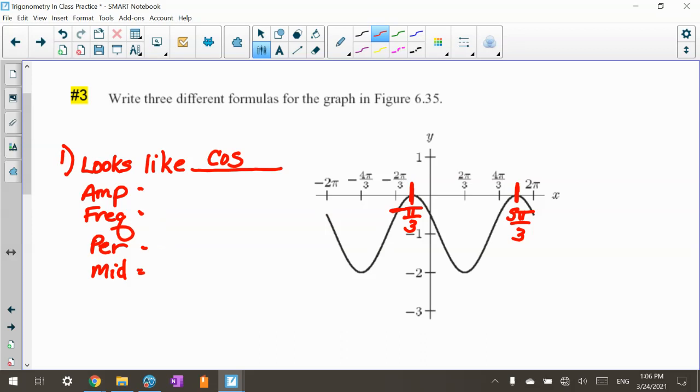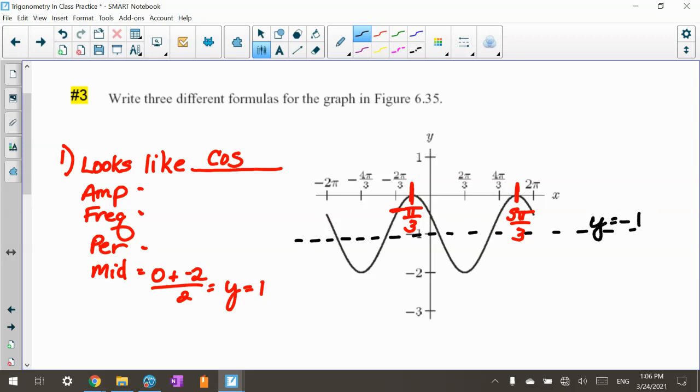All right, so first I'm going to do our midline: the high, which is 0, plus the low, negative 2, divided by 2. So y equals negative 1 is our midline. This is going to be for all of the graphs because it's still the same graph no matter what. Our amplitude is high minus my midline, 0 minus a negative 1, which is a positive 1.